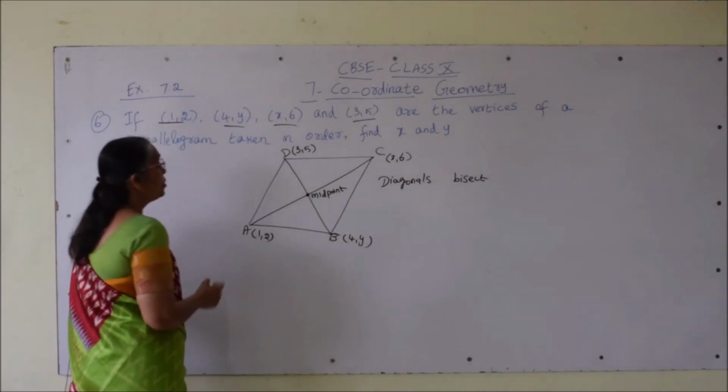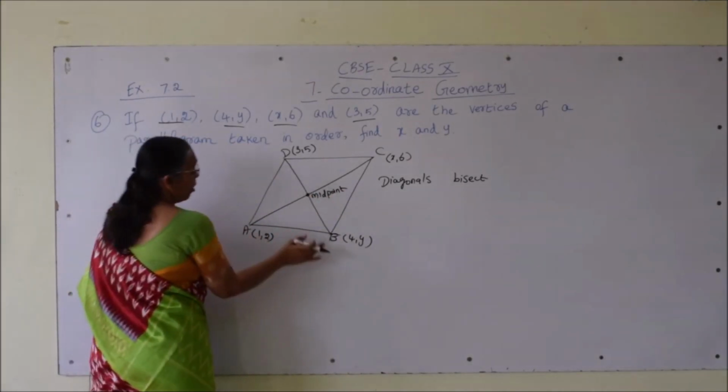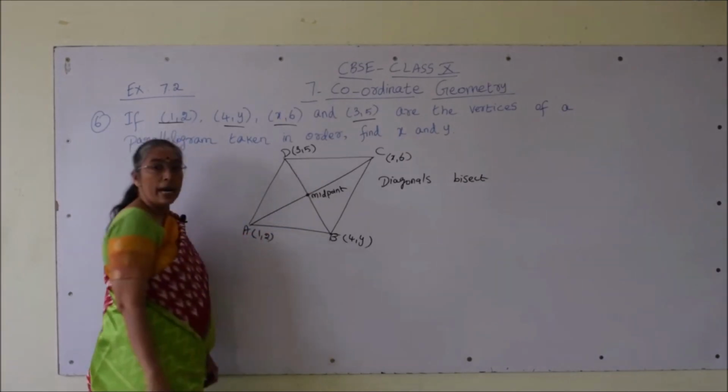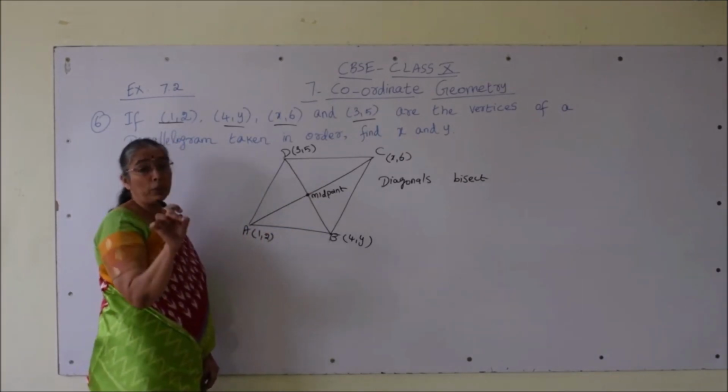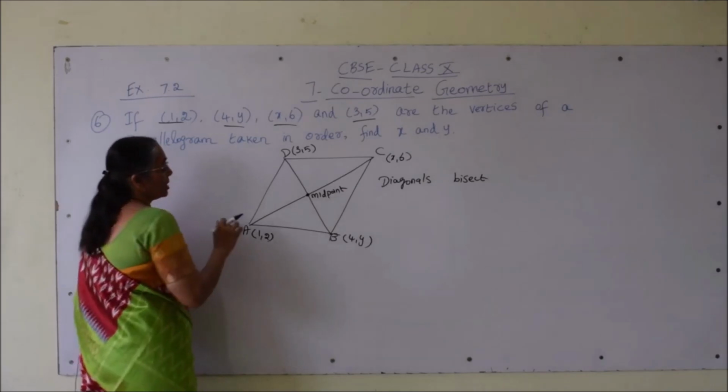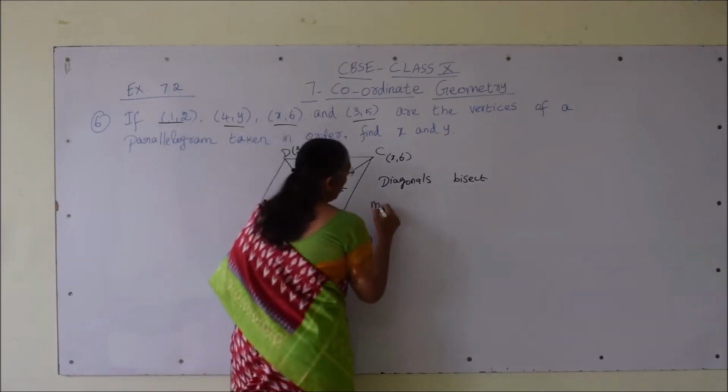So we have to find the midpoints of AC and BD, and both are meeting at that particular point, so we should equate those points. So what is the midpoint of AC?